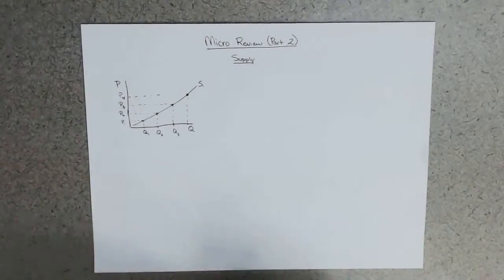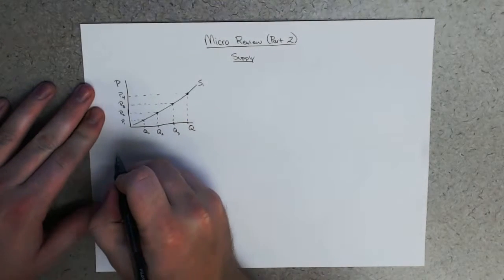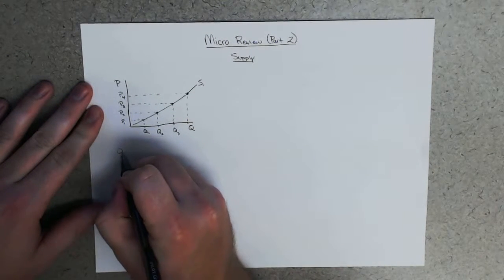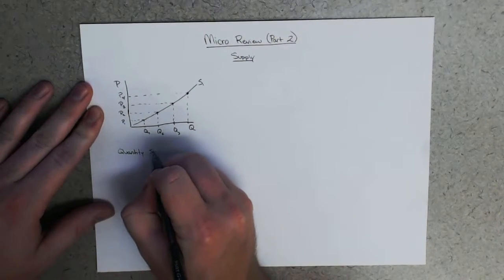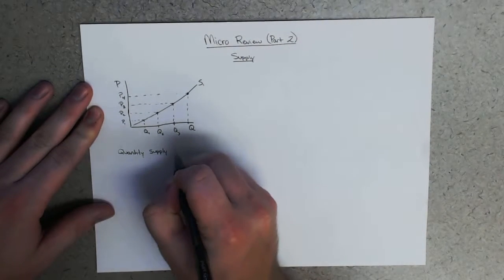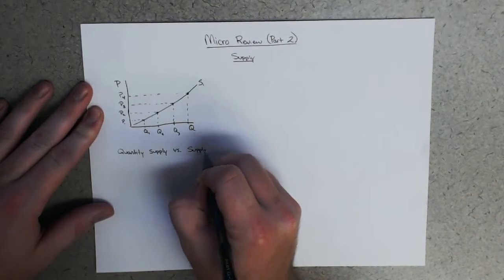Now, like in the case of demand, we have the same sort of distinction between quantity supplied and supply, right?